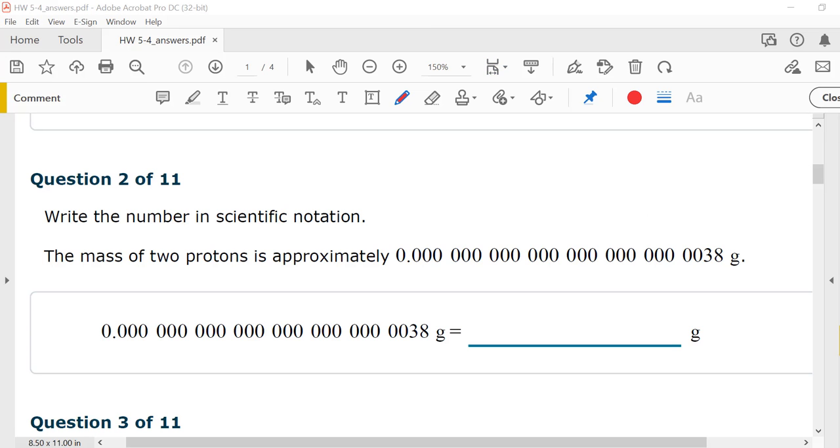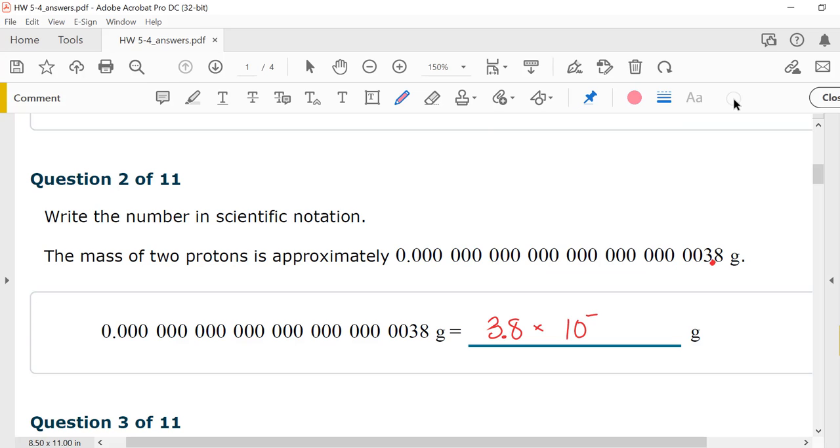Number 2, here's another really small number, and I need to write it in scientific notation. So I would put the decimal point between the 3 and the 8, so it's going to be 3.8 times 10. Okay, I need to move the decimal point to get back to the real number to the left, so it's going to be to the negative something.